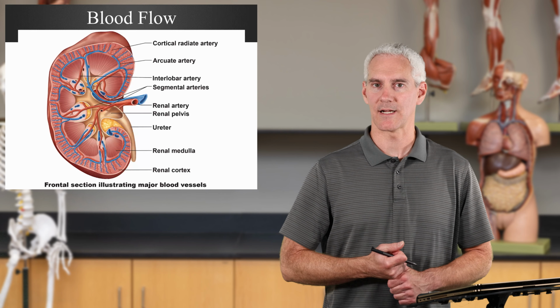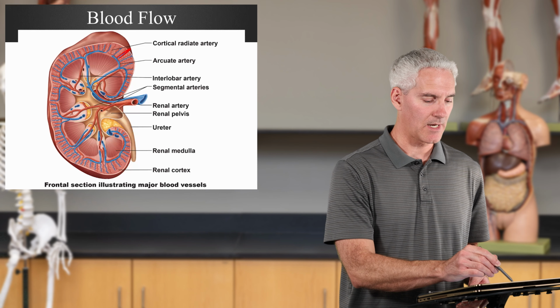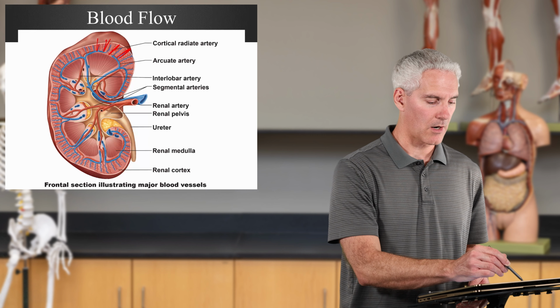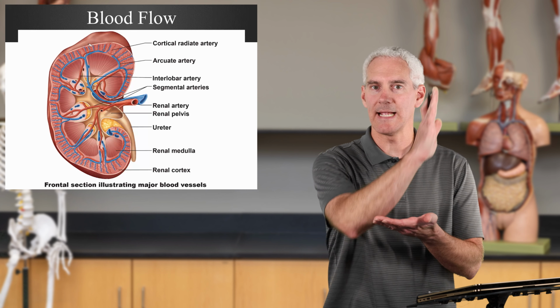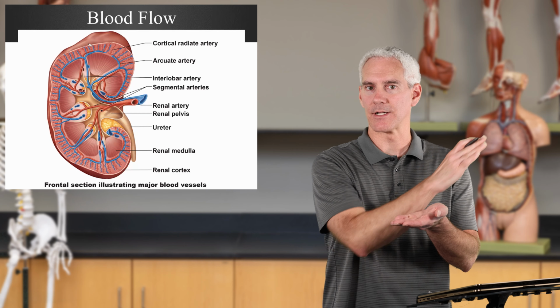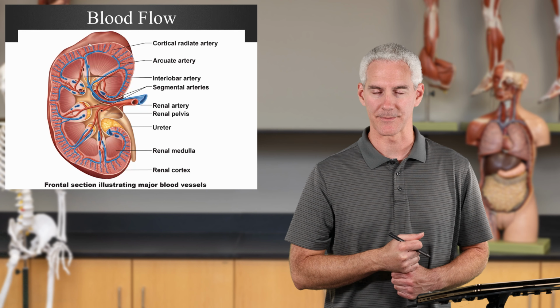Now this one, like the name implies, cortical, cortex, radiate, goes out. Each one of these that's going up, those are all cortical radiate arteries. They're radiating off the arcuate up into the cortex, cortical radiate artery.